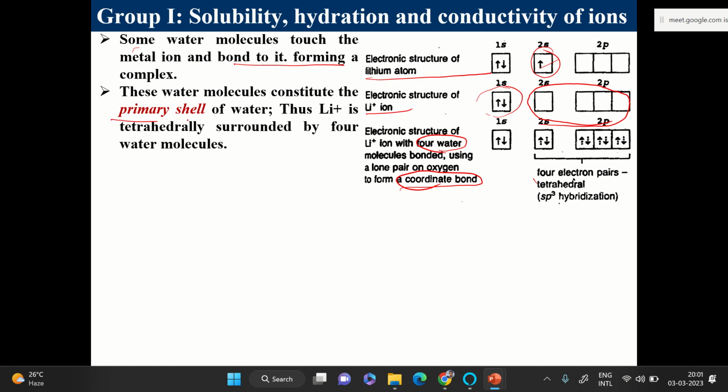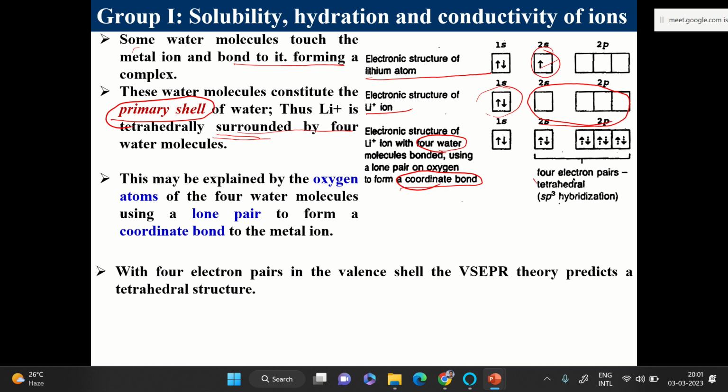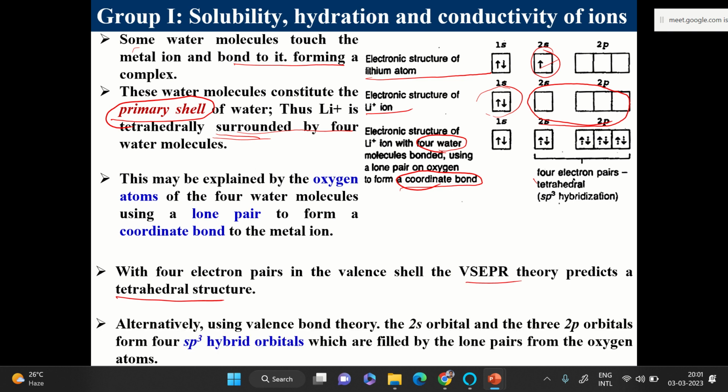This is the primary shell, and the primary shell involves covalent linking through a coordinate covalent bond. 4 water molecules are linked through the lone pair of oxygen, and with 4 electron pairs in the valence it will appear tetrahedral, if you consider the lone pair repulsion.